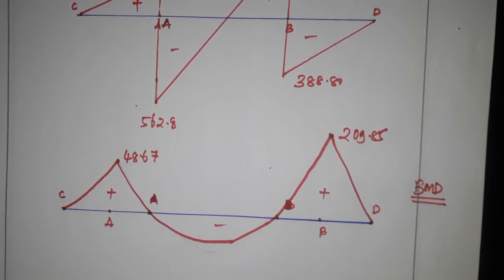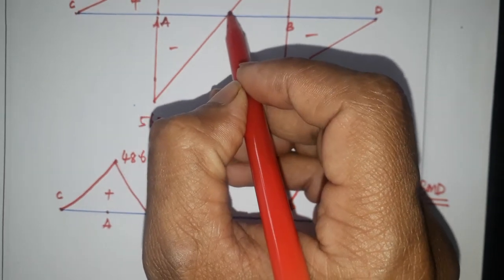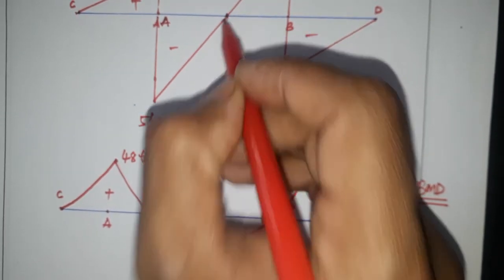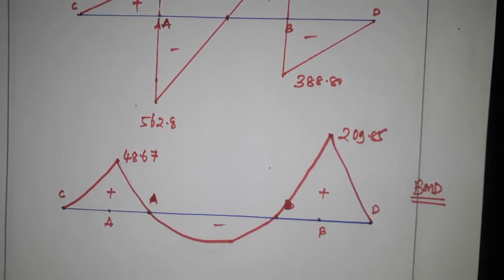Okay, so next here we have to find out the location of maximum bending moment, or the location of point of contraflexure. Both are same. Where shear force changes its sign from positive to negative, where the shear force will be 0, there we will get the location of maximum bending moment.